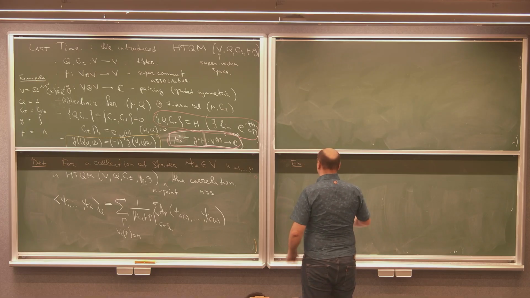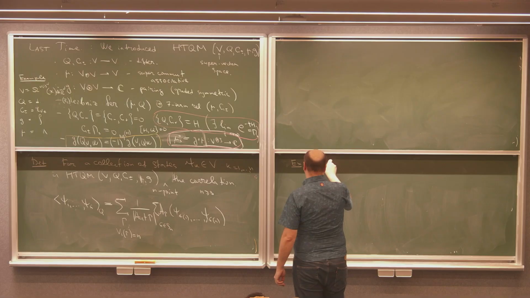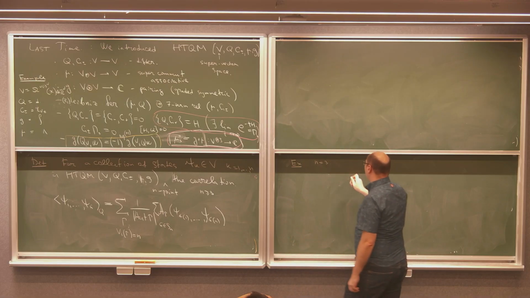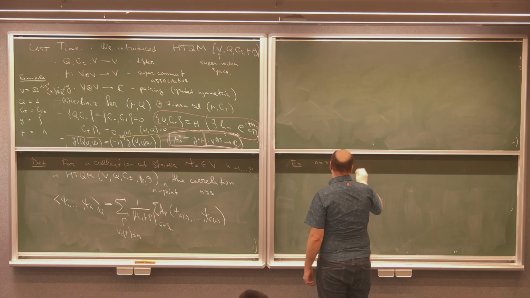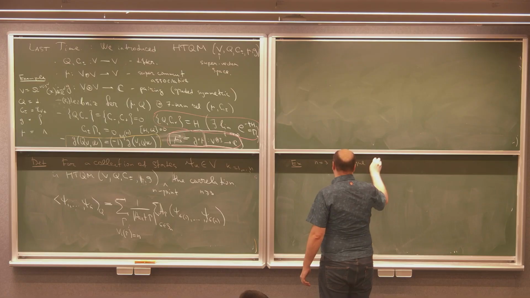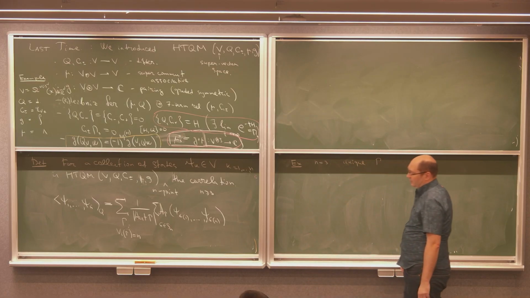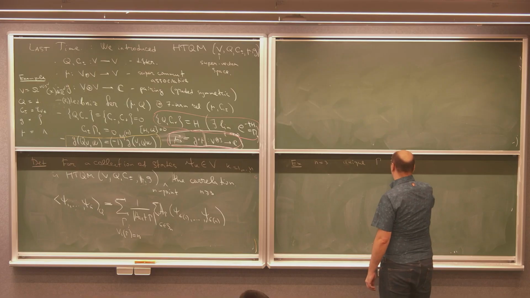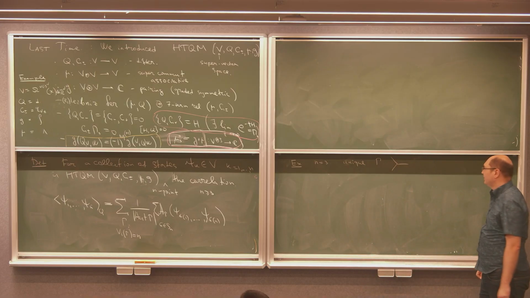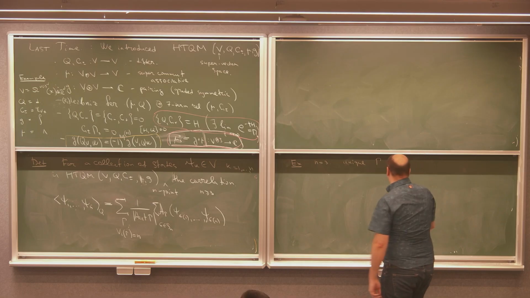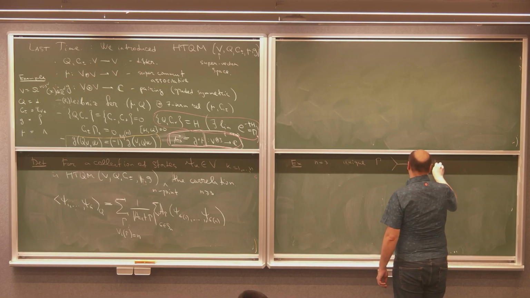Okay, so example, the simplest: n equals 3. In the case of n equals 3, there is a unique gamma with 3 leaves, and this gamma is just this star-shaped tree. So what is the size of the automorphism group of this gamma?